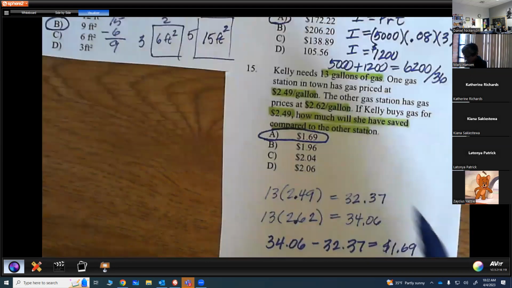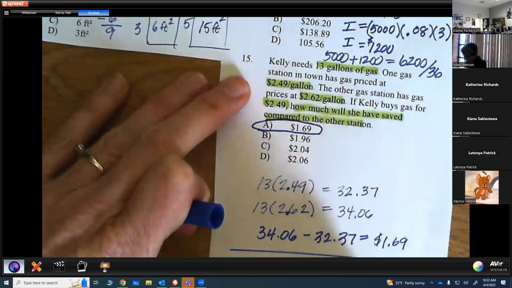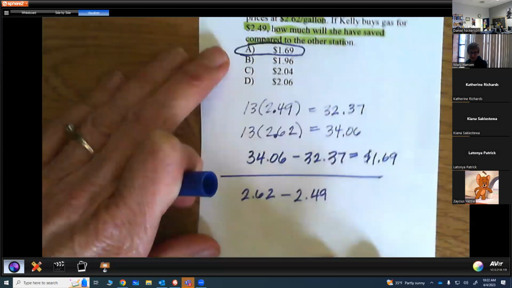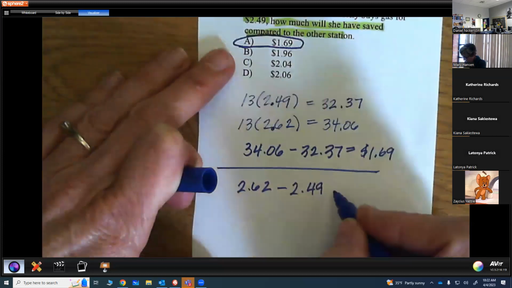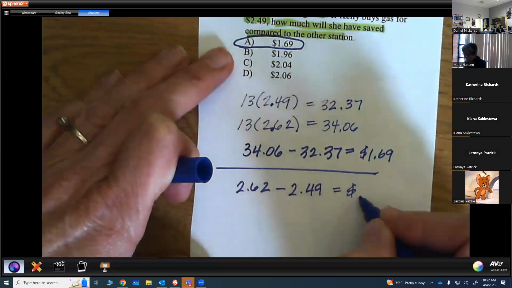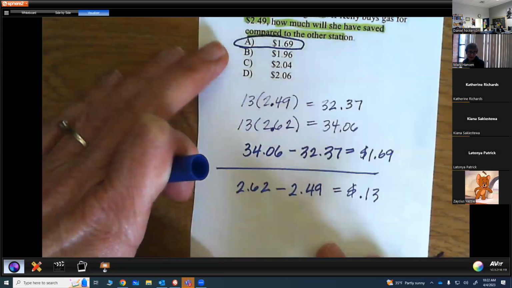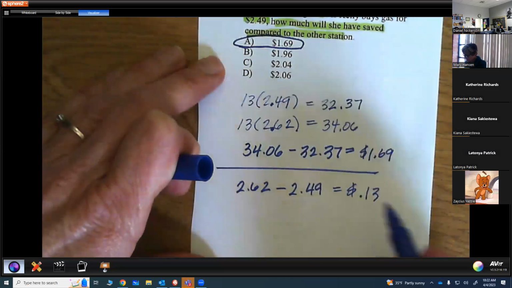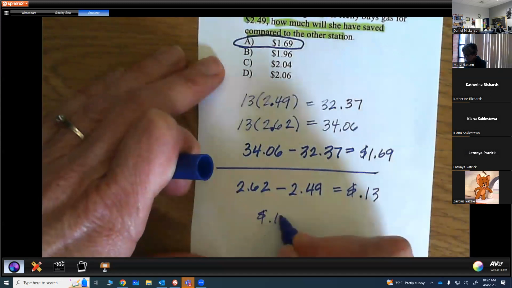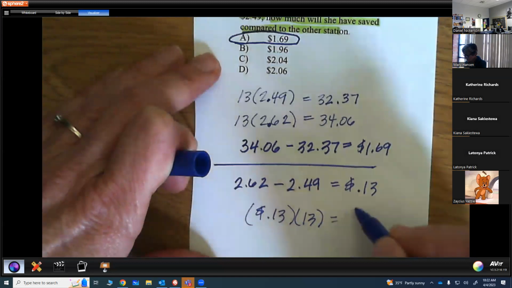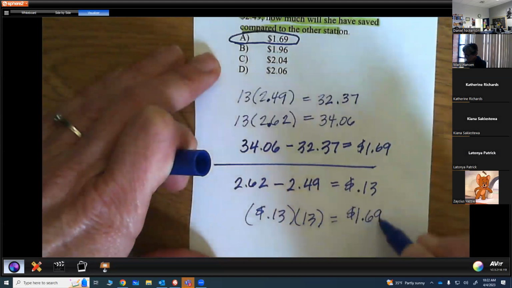So he's saying that we could take $2.62 minus $2.49, and that's a 13-cent difference. And if you have that difference for 1 gallon, then you can take that 13 cents and multiply it by the 13 gallons you're going to buy, and you'll come up with the exact same answer of $1.69.